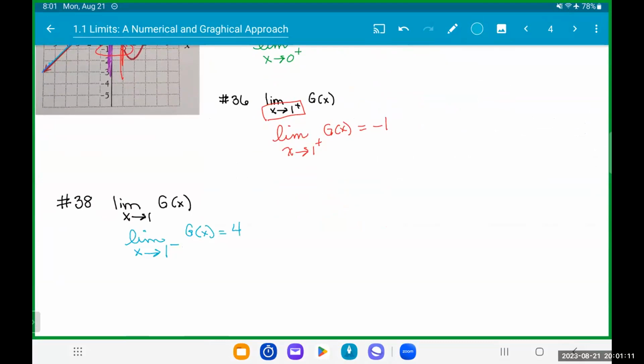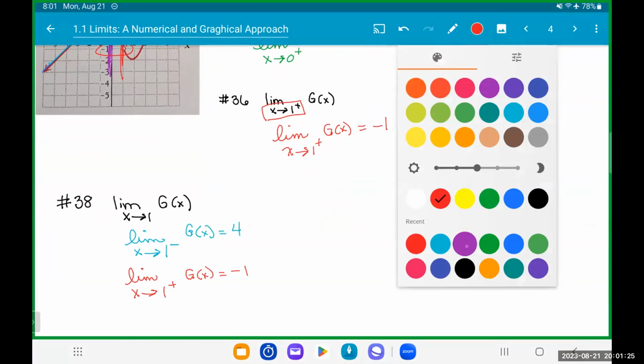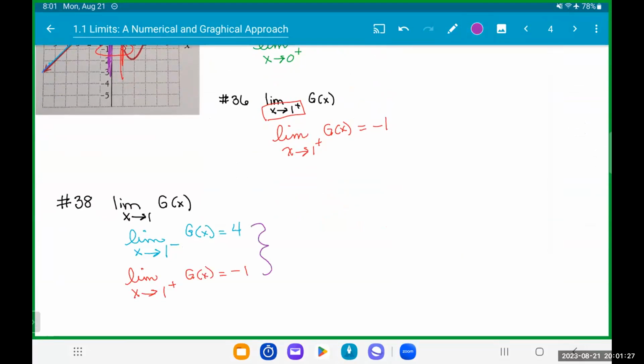So now I already know, because I did it from the right already in the previous problem, my limit as x approaches 1 from the right was equal to -1, right? So we know these are different, right? So as my inputs approach 1 from the left, my outputs or my y approaches that value 4. Thus, the limit from the left is 4.